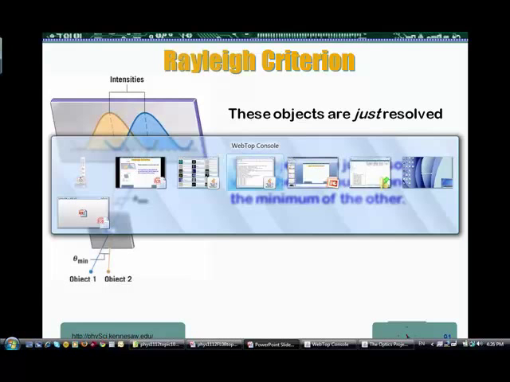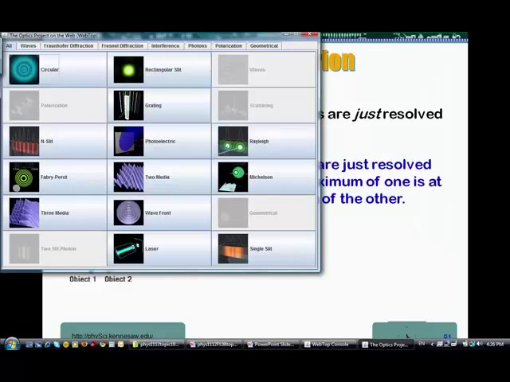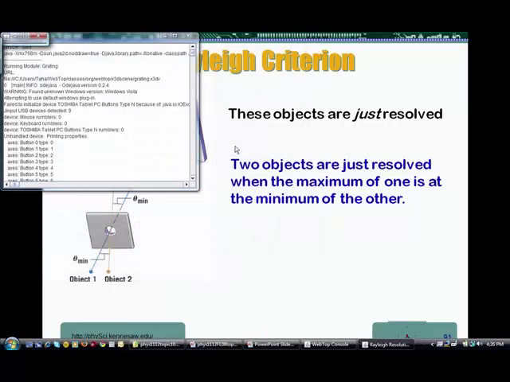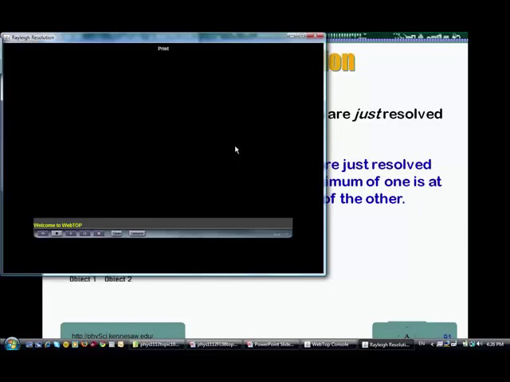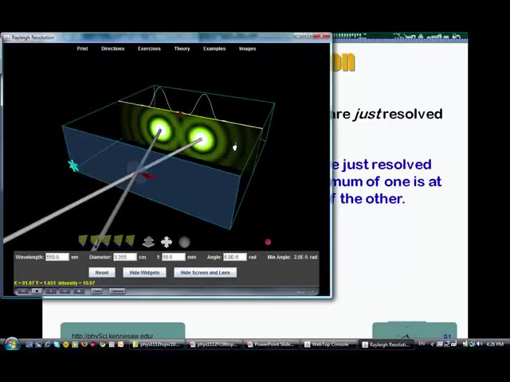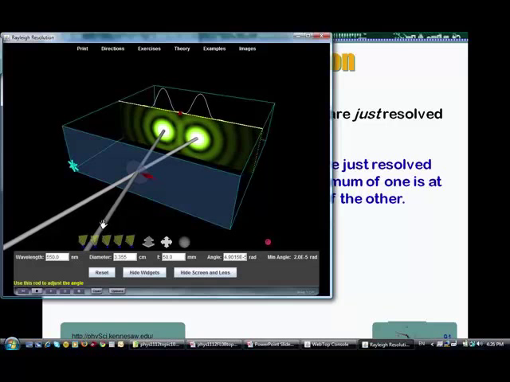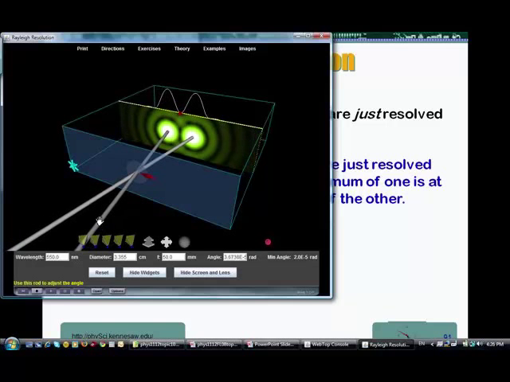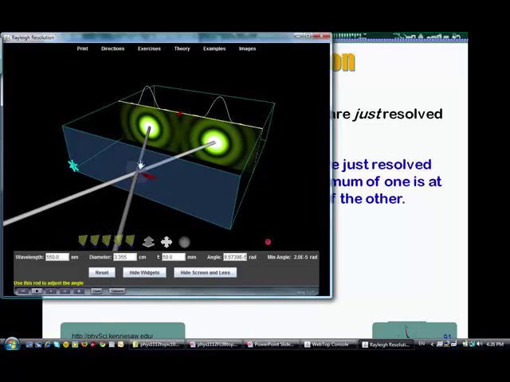Let's use WebTop again to look at this. Here we have a Rayleigh Criterion simulation. Okay, so here we have our two sources far away, and we say that it's barely resolved when, look at your both sources.